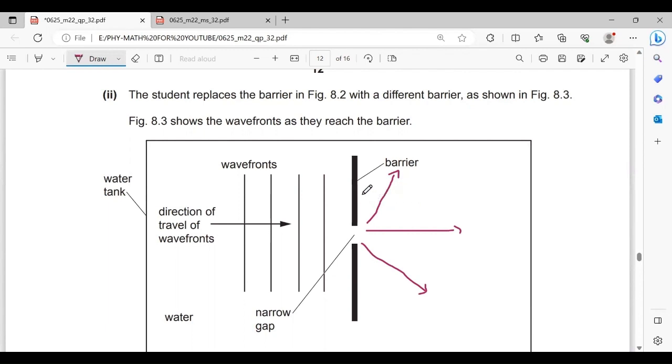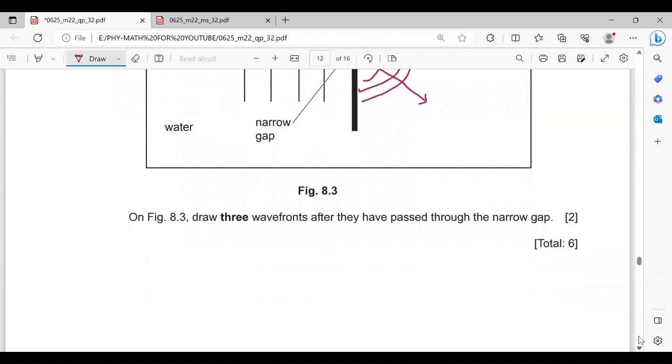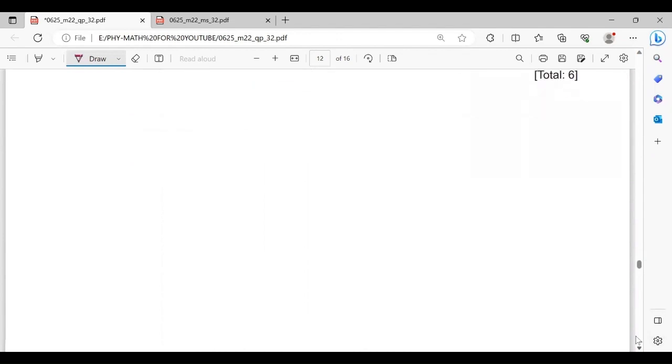Okay, and this. Okay, this one. Draw three wavefronts. Okay, already. Next.